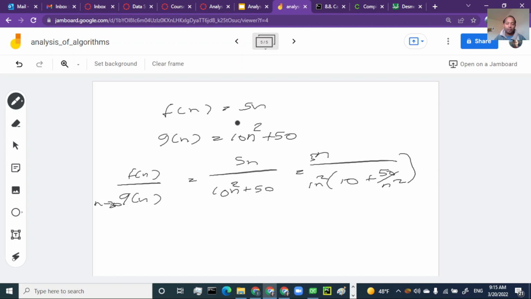The n cancels off, and when n goes to infinity, 50 over n squared goes to 0, and this whole thing goes to 0 because there's one n left over in the denominator, so everything goes to 0. That means after some constant, Gn is always on top of Fn.